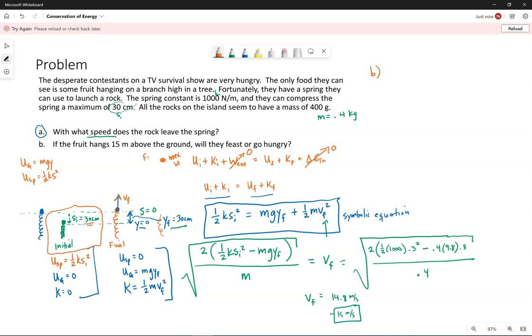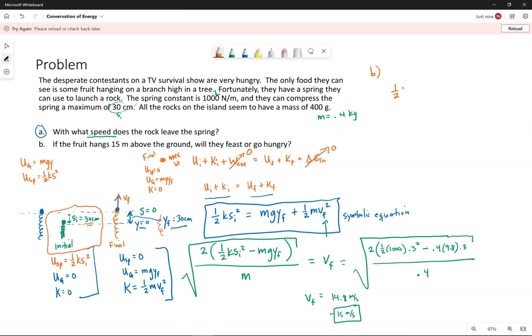If this is my new final moment in time, the spring doesn't have energy, it's not attached to the rock, so it does not get stretched out. We do have gravitational potential energy because that rock is up a vertical distance. At the maximum height, there will be no kinetic energy.